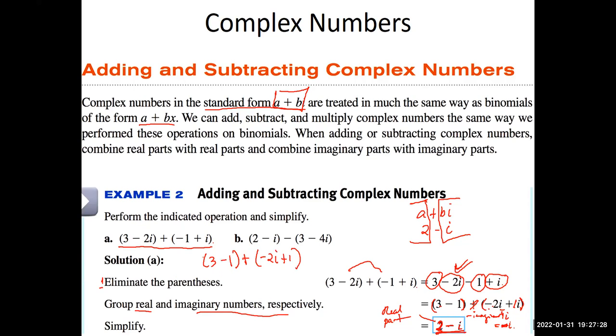Plus i. So plus pa rin to. Pero noong tag dito nung i-conduct na natin yung mathematical operation, so 3 minus 1 is positive 2, okay? And then negative 2i plus i is equal to negative i. Di ba? Ganyan siya. So plus minus to, ay minus yung result nito, edi magiging minus to. Kaya the final result is 2 minus i.